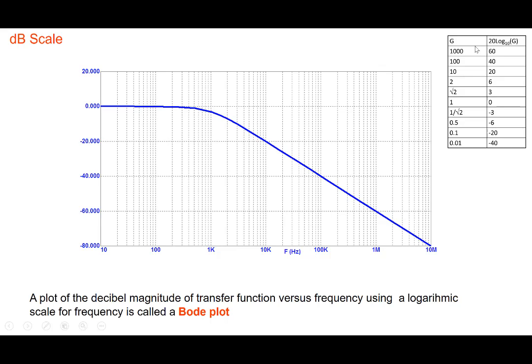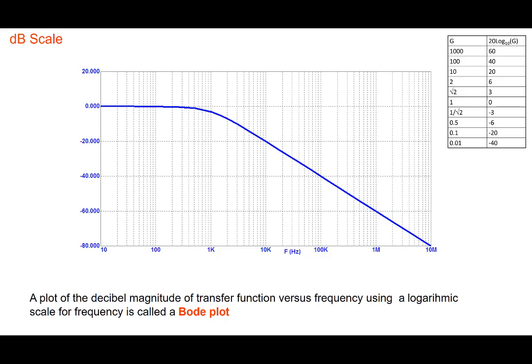60 dBs is like 1,000 times larger. Minus 40 is like 100 times smaller, right? So we will often be plotting the magnitude of the signal in decibels along the y-axis, and we'll be plotting the frequency over a log scale, because we want to see how the system responds over a very wide range of frequencies.